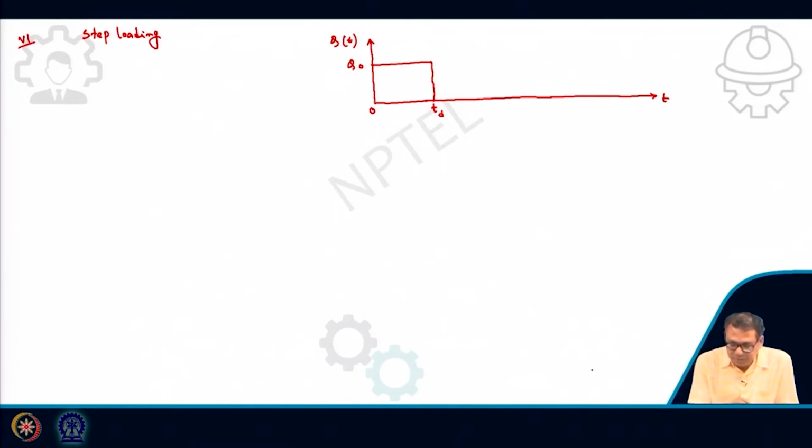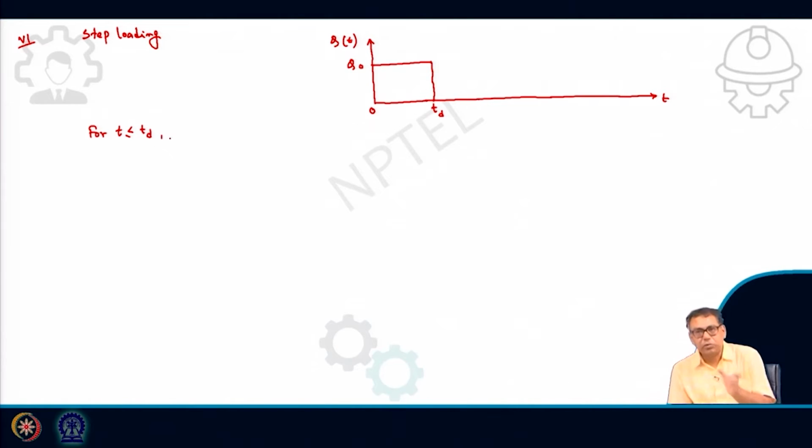Now if I want to get the response for t less than or equal to Td, that means within the loaded region, we have two parts. We have already discussed them: the complementary solution, which is basically the transient response, and the particular solution, which is the steady state response.